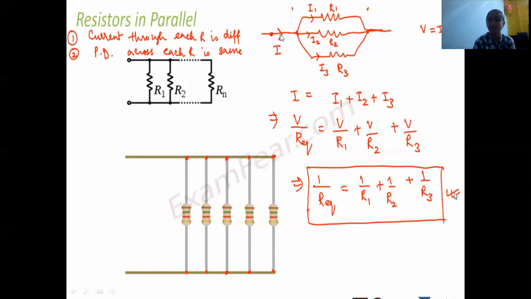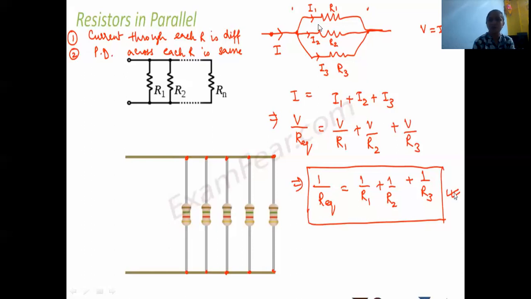You can see the current flows to R1, then to R2 as well, and it also flows to R3. But children, you can see there are only two ends here, not more than two. So the potential difference is only one, that is V. But now the current is divided into three parts.